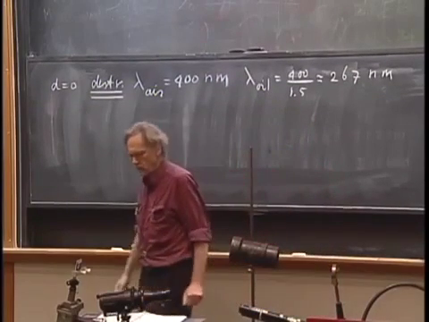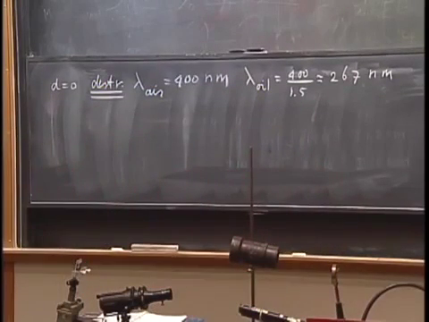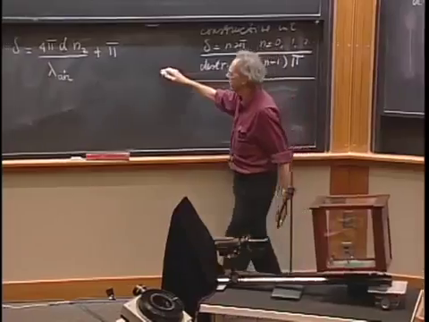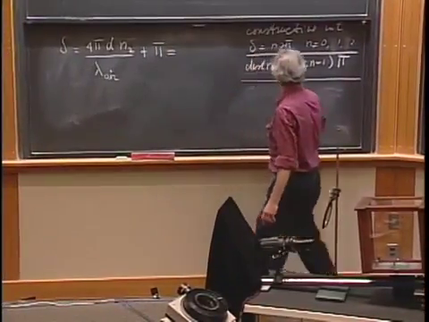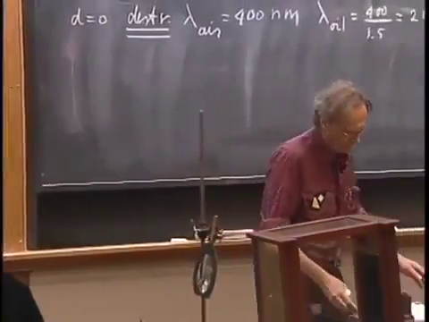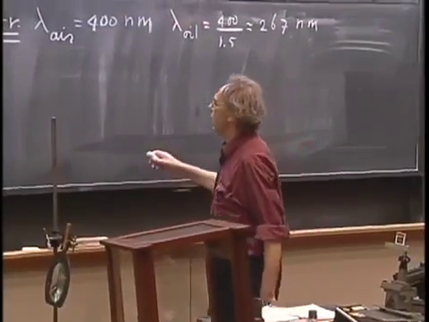And now I want to calculate for what thicknesses d I'm going to get destructive interference. So I'm going to set this equal to 2n minus 1 times pi. That's all I do. And I choose n equals 1.